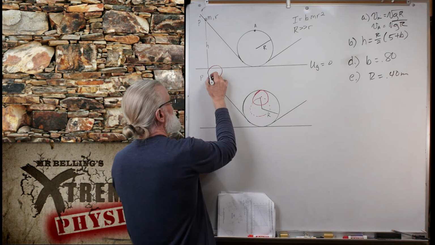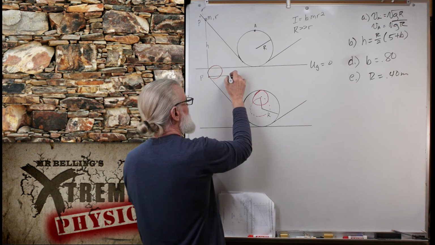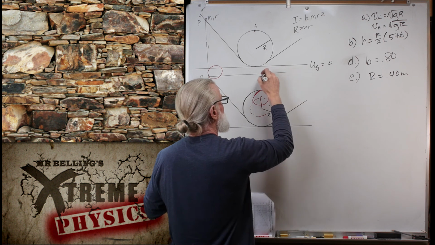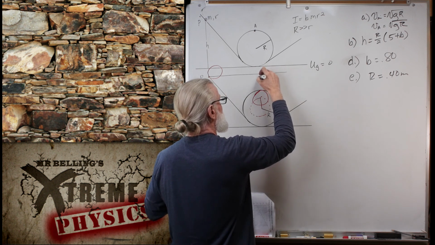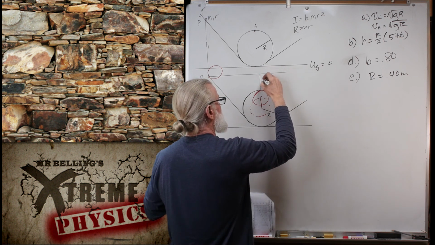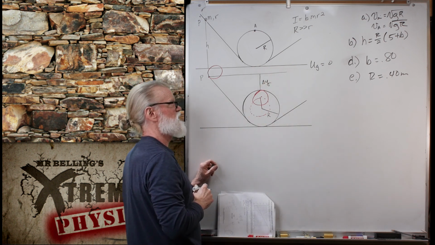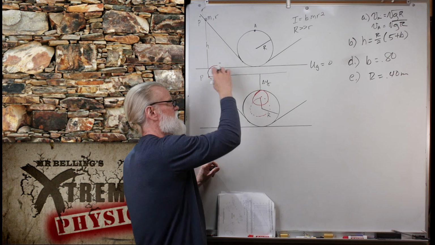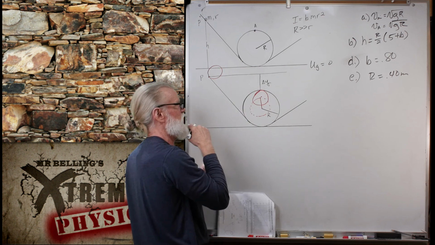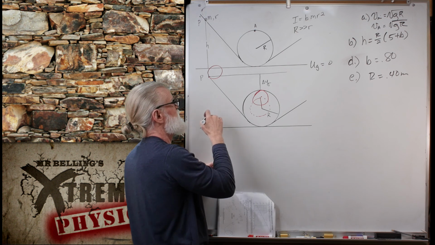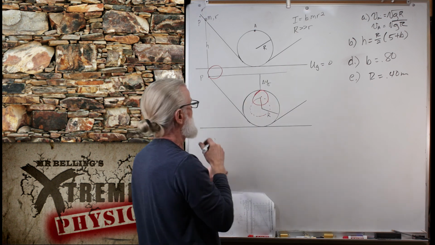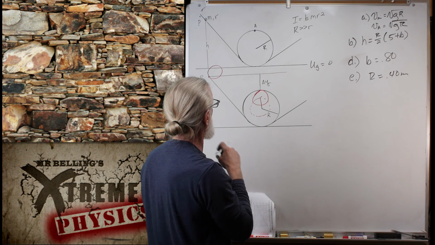It's also not falling as far. If this had no size to it, that's how far it falls as far as the height difference when we do our conservation of mechanical energy. But in this case, it's going to actually fall farther, right?